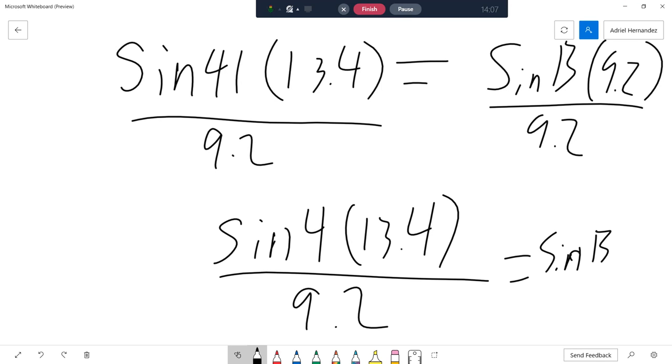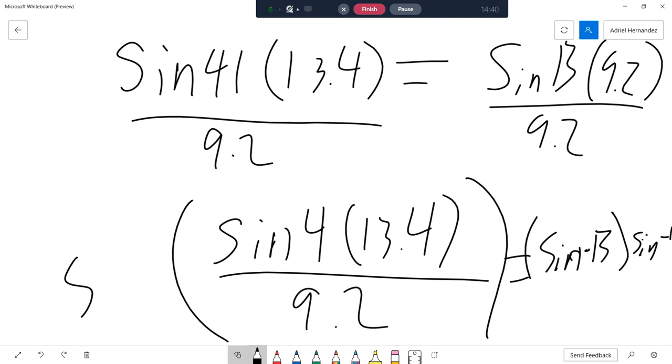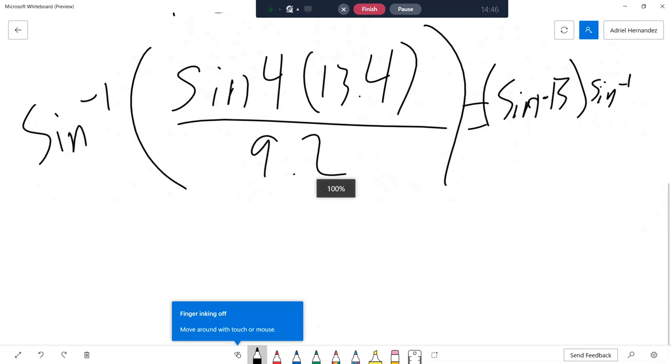And so we know that sine is a completely separate thing from B. We know that these two are essentially being multiplied. So the way to take out sine is to use the inverse property of sine, which is sine to the negative first power. You multiply this by the inverse sine, and you also do that on the other side. So it's all of that times sine to the negative first power, or the inverse sine.